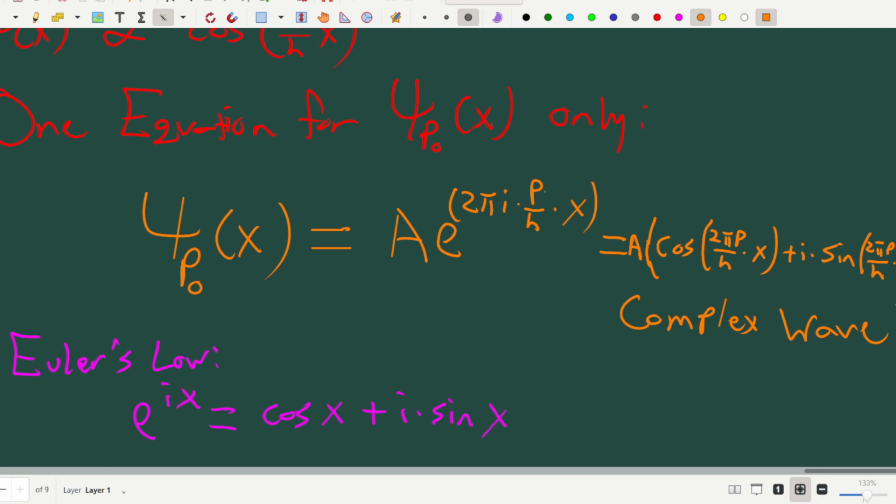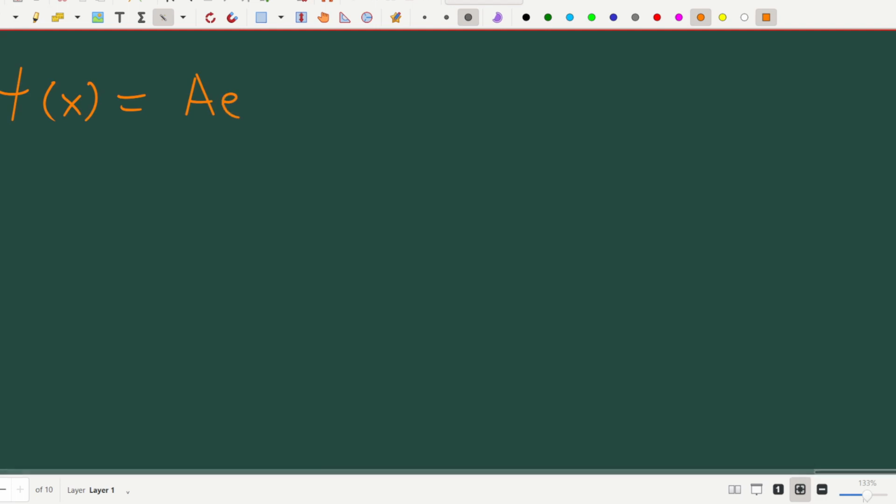So it's a complex wave, and now the question is: if psi of x is A e to the i 2 pi p over h times x, what is psi squared?